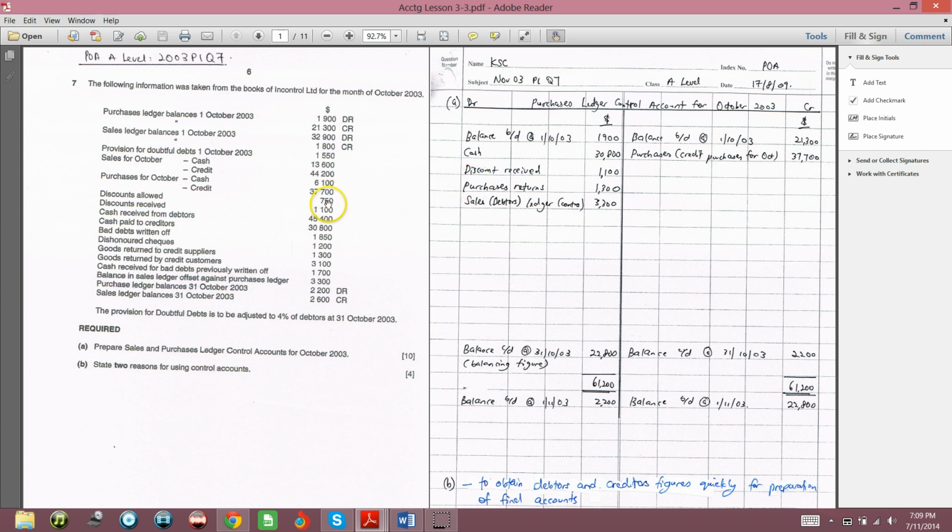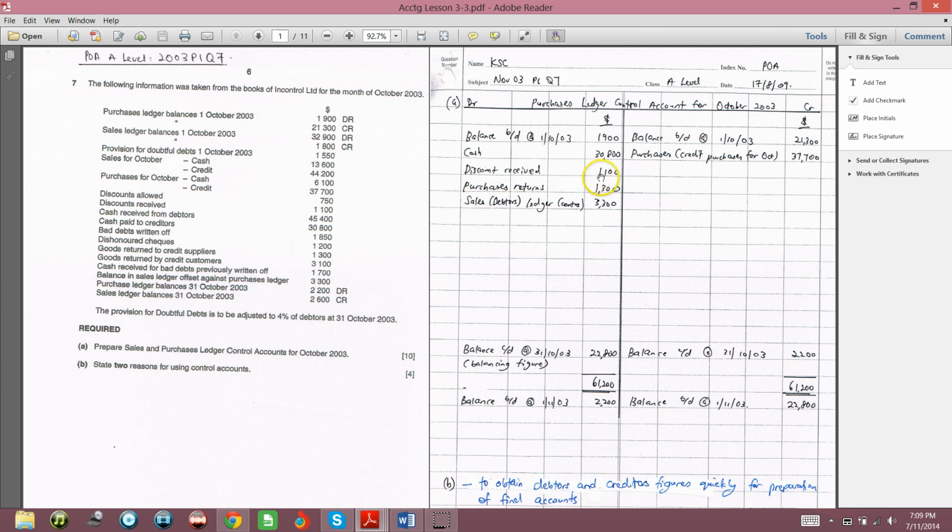Discount allowed, that means we give people discount. We don't give our supplier discount, so this has nothing to do with creditors control account. Discount received, that means our supplier gives us discount.